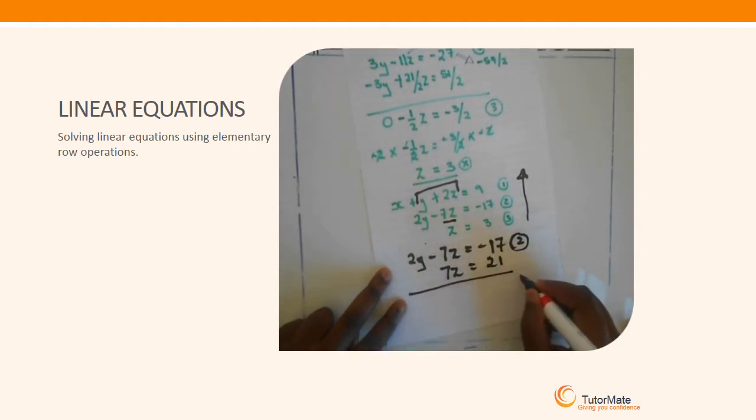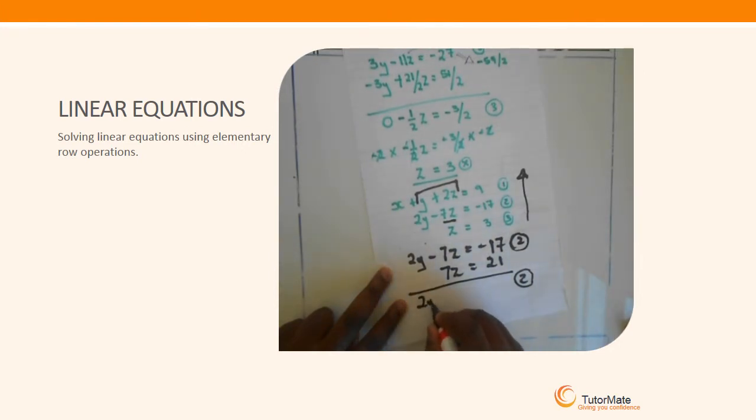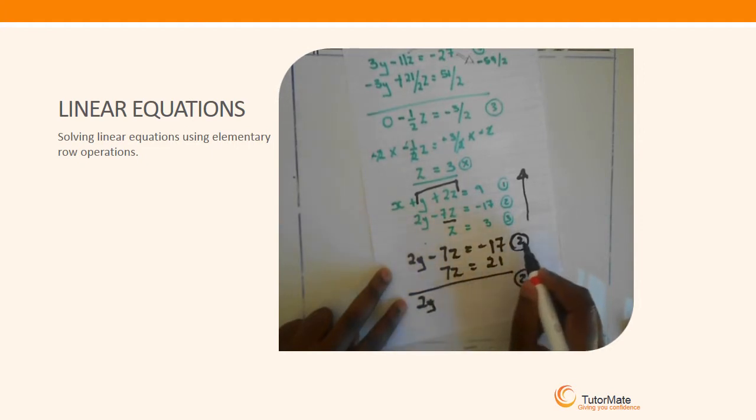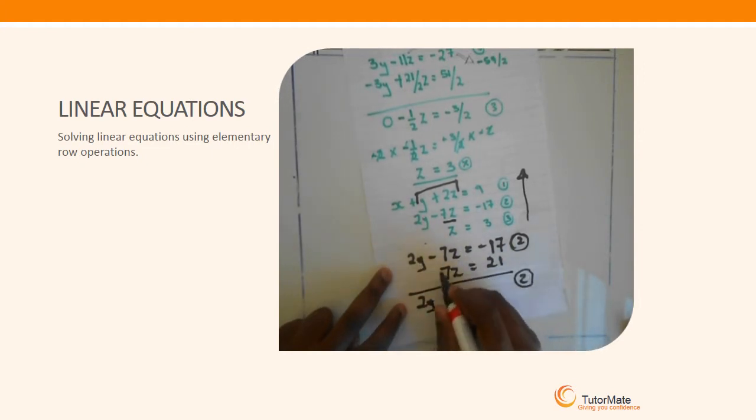Therefore, our new second equation will be 2y minus 7z. You're adding the second equation to the third equation. 2y minus 7z plus 7z is equal to 0z. It's equal to minus 17 plus 21, which is equal to 4.